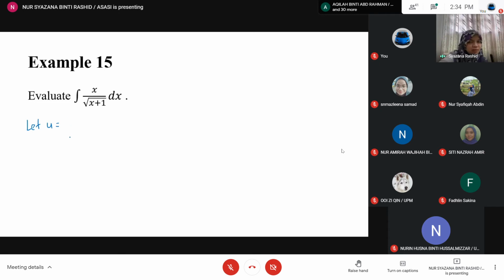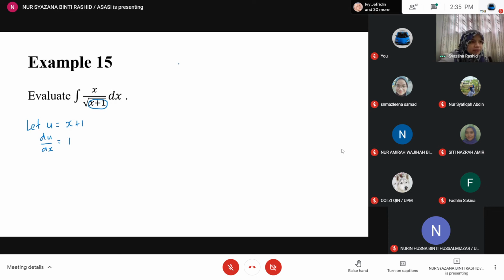So can you share with me what substitution we can use here? What shall we take? x plus 1. Okay, let's say I choose u equals x plus 1. So here it will become square root of u. Okay, we try. Differentiate x plus 1.